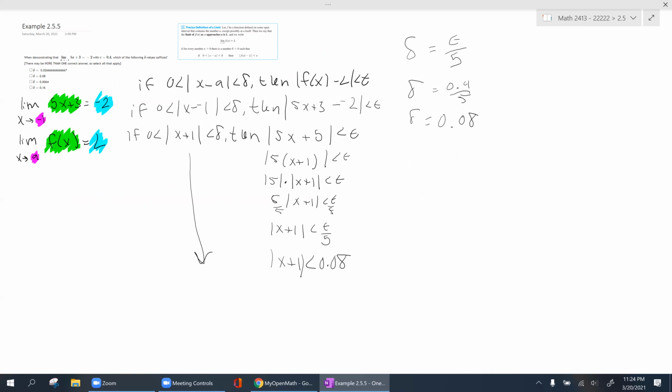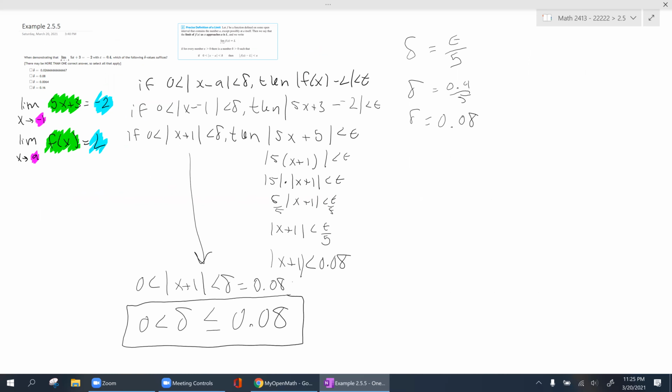When I bring this down, I know 0 is less than x plus 1 less than delta, which is 0.08. But if delta is greater than this and this is greater than 0, then you can say that 0 is less than delta, which is less than or equal to 0.08.